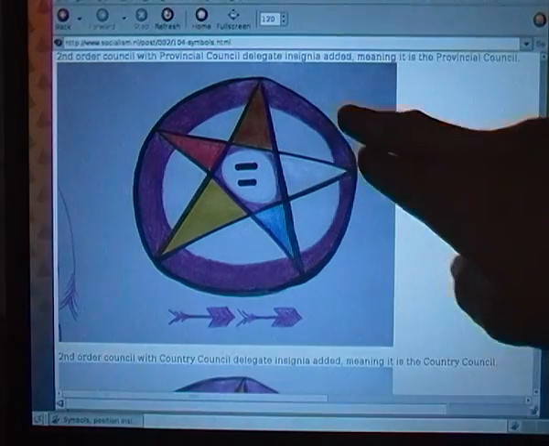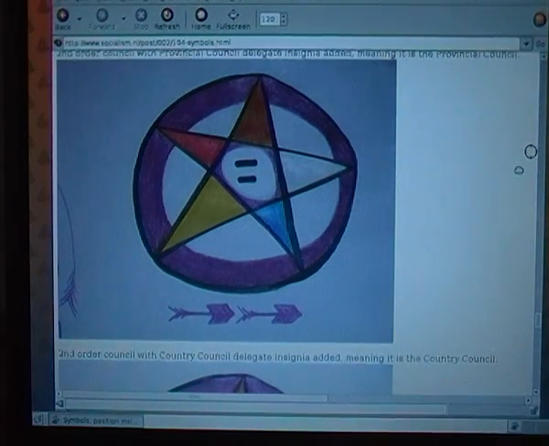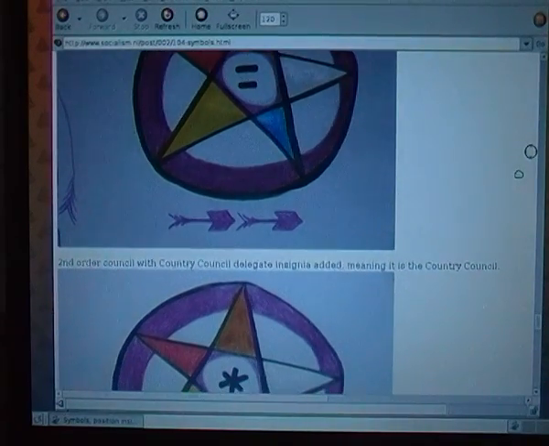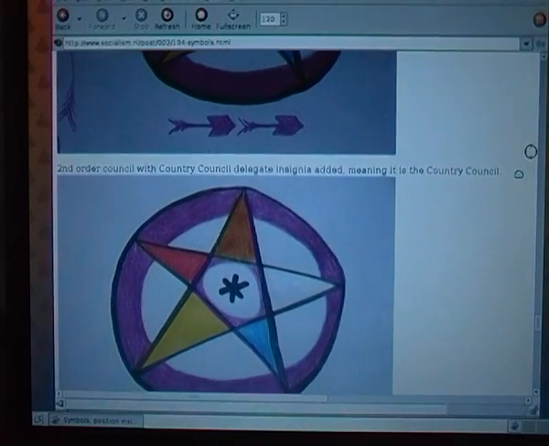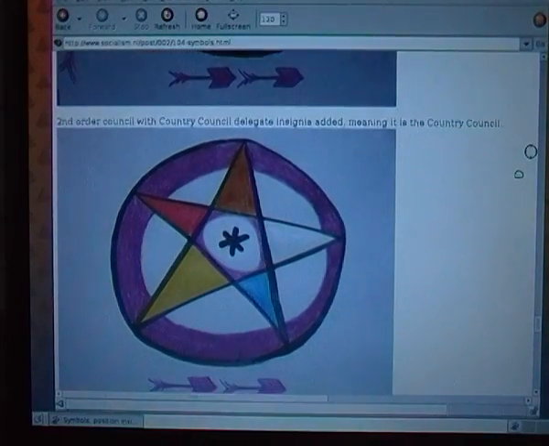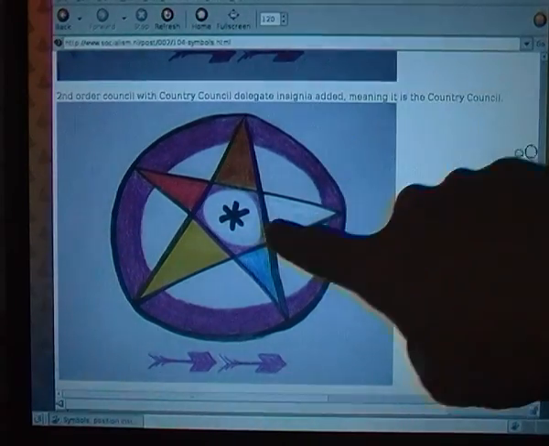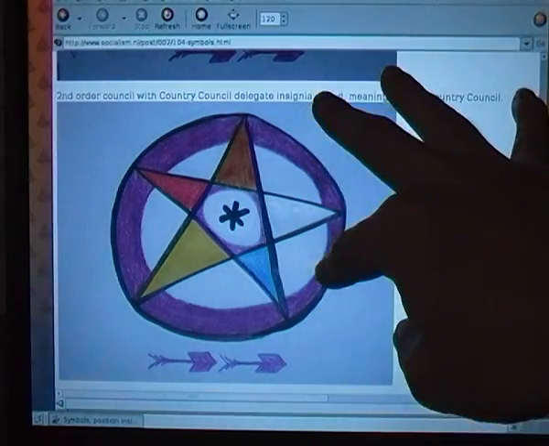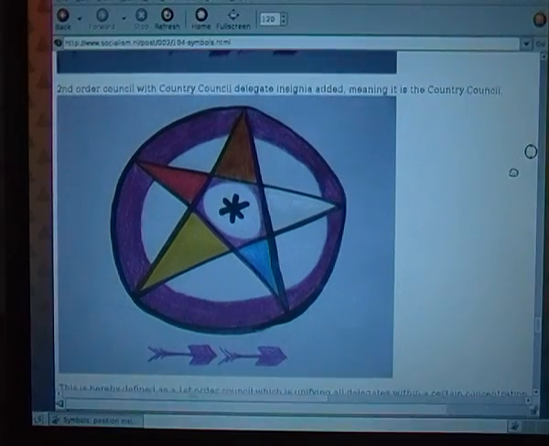So this is then a twice elected provincial government symbol. This is the same method combined with a national government delegate symbol. So this would be the national government symbol for it.